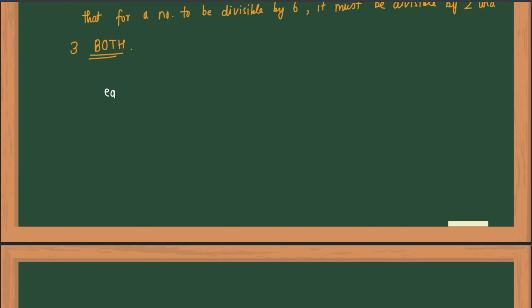So let us consider an example. Now the example is 53022. What was the rule regarding 2? If the last digit contains 0, 2, 4, 6 or 8, it is divisible by 2. Over here the last digit is 2, so we can say that it is divisible by 2. One thing is clear from here.